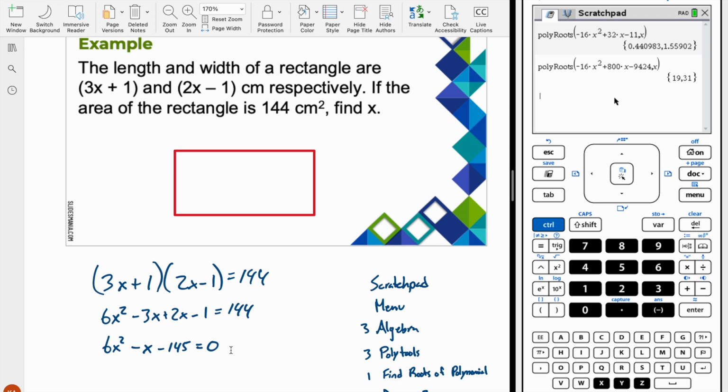We know that one side is 3x plus 1. We have another side that is 2x minus 1. Our area is equal to 144 centimeters squared.